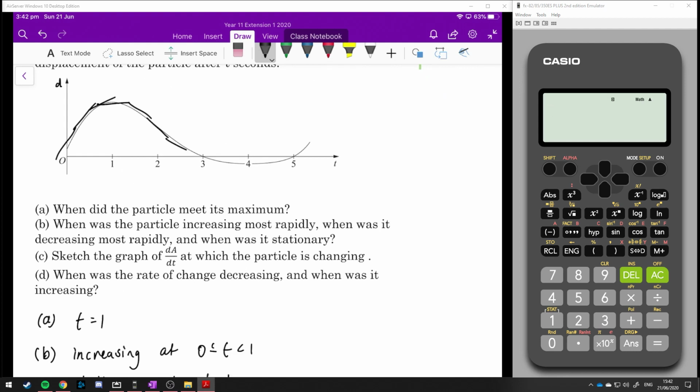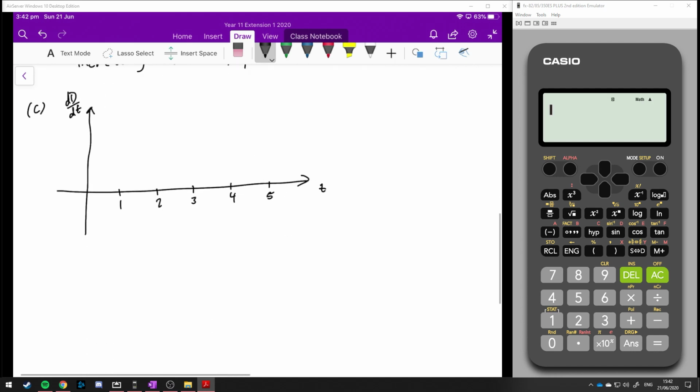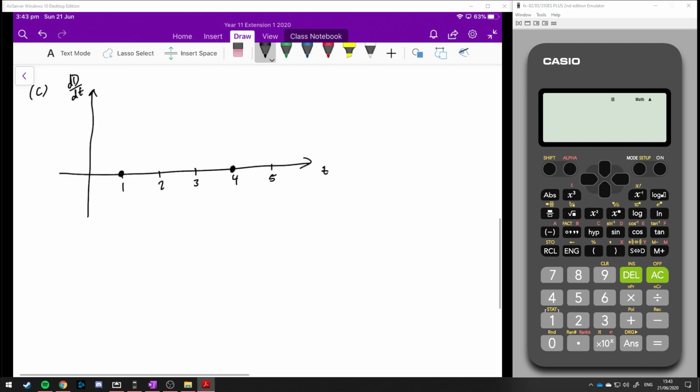So let's start with the easy ones. When is the derivative equal to 0? Well, it's at 1 and 4. That means the graph of my derivative is going to go through 0 at 1 and 4. We're essentially asking what the values of my derivative are.